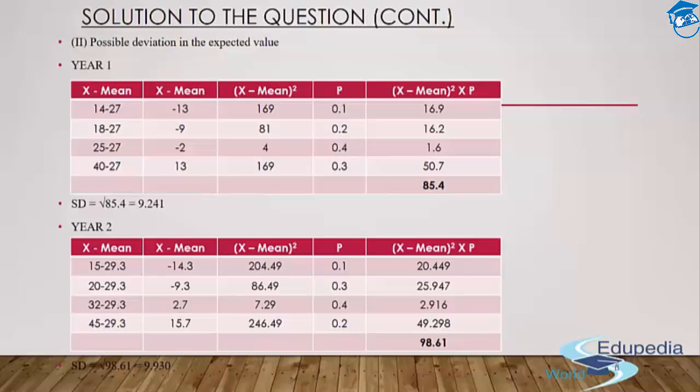It comes out to be minus 13, minus 9, minus 2 and 13. Square them: 169, 81, 4 and 169, multiplied with the probabilities 0.1, 0.2, 0.4 and 0.3. The figure comes out to be 85.4, and all you need to do is take the square root. You'll get the standard deviation for that year, which comes out to be 9.241. That is for year 1.